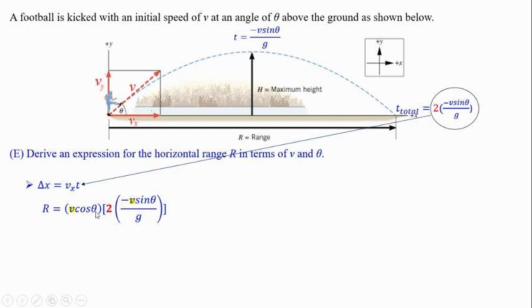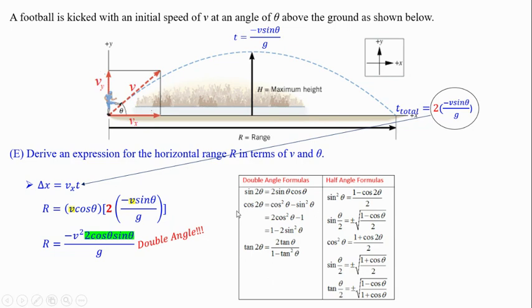And I highlight the v's here because now we have v times v, which would give us v squared. And then 2 times cosine times sine just gives us 2 cosine sine. And then all over g, because the only thing in the denominator is just g. So I carry that work down. I highlighted this 2 cosine theta sine theta because this is a double angle identity. Okay, so here's the chart of all this stuff.